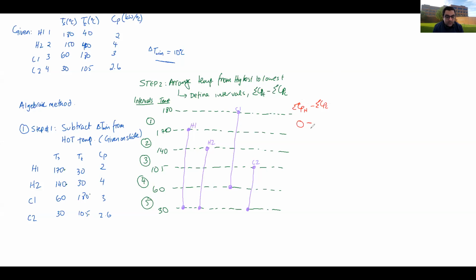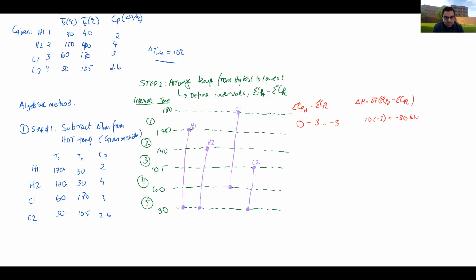CP cold, I have C1, which is 3, so this is minus 3. And let me also calculate delta H, which is equal to delta T multiplied by summation CP hot minus summation CP cold. In this case, delta T is 10 multiplied by minus 3, and this is equal to minus 30 kilowatts.